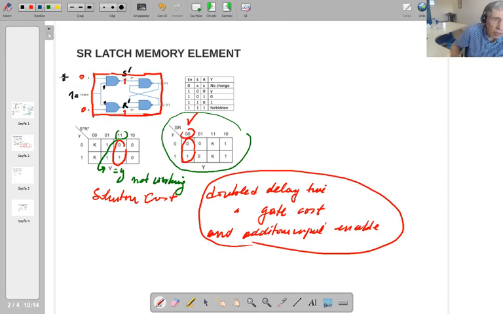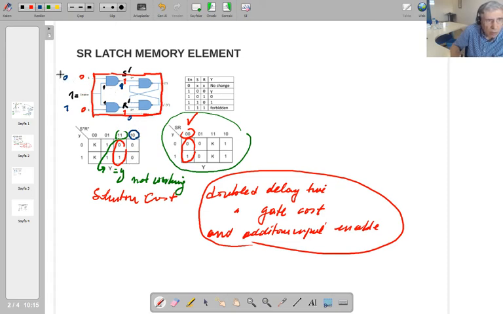So when I apply 0, 1 here, that is going to be prime of it, that's going to be 1, and that's going to be prime of it 0. When S star R star value is 1, 0, my output is going to be 0, 0.